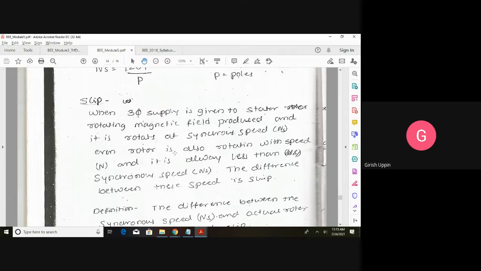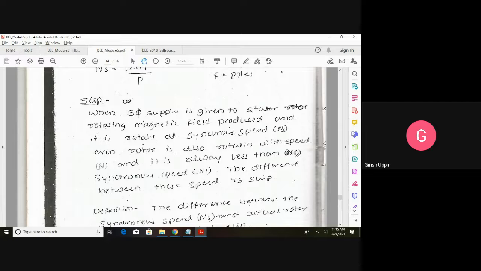So there is a little difference between the speed of the rotor and the synchronous speed. As I told you, if the synchronous speed is 1500, maybe the rotor will rotate at a maximum speed of 1450. So there is a difference of 50 rpm. That is called the slip.